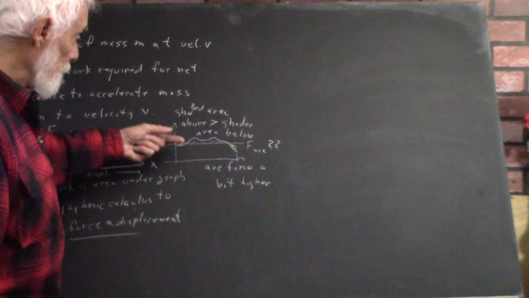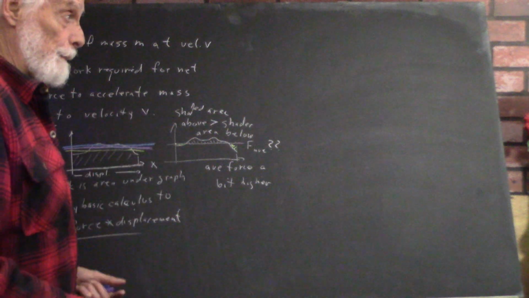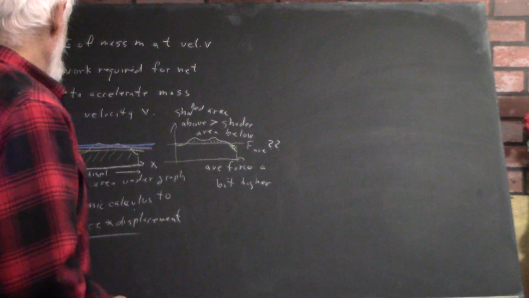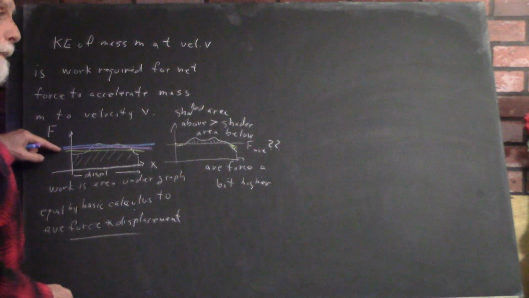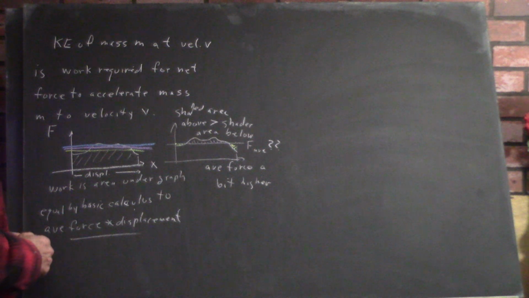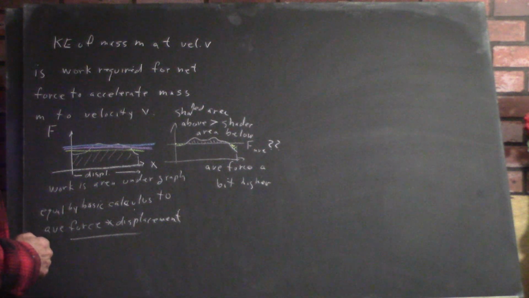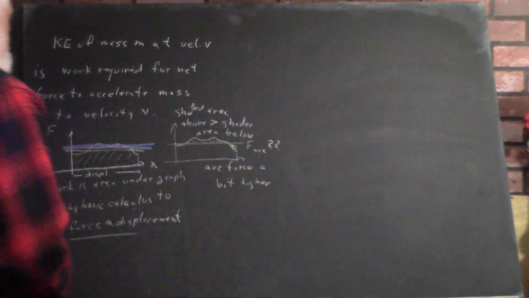You need a little more area below, so you got to raise the line up, but not too far or you get too much area below. Okay? So of these three, I'd say the one in the middle, the purple, is probably best. Okay, well, that's important.